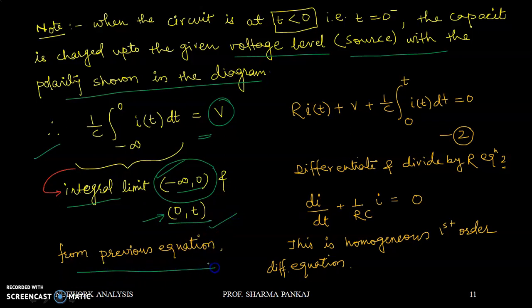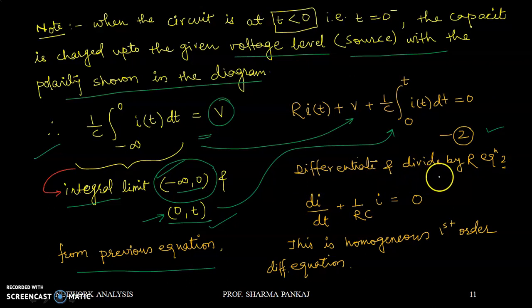From previous equations we can write R i(t) plus V plus 1 by C integral 0 to t i(t) dt is equal to 0. Call it equation number 2.